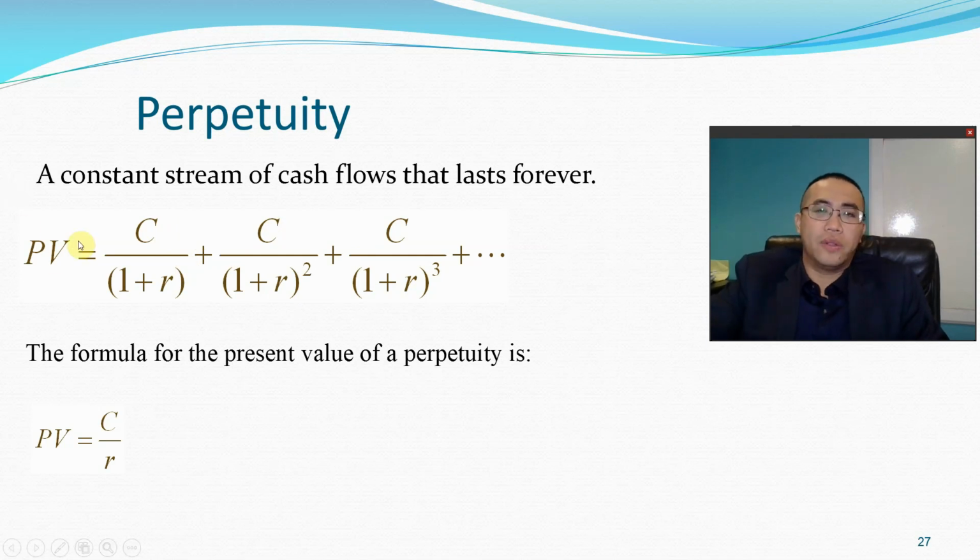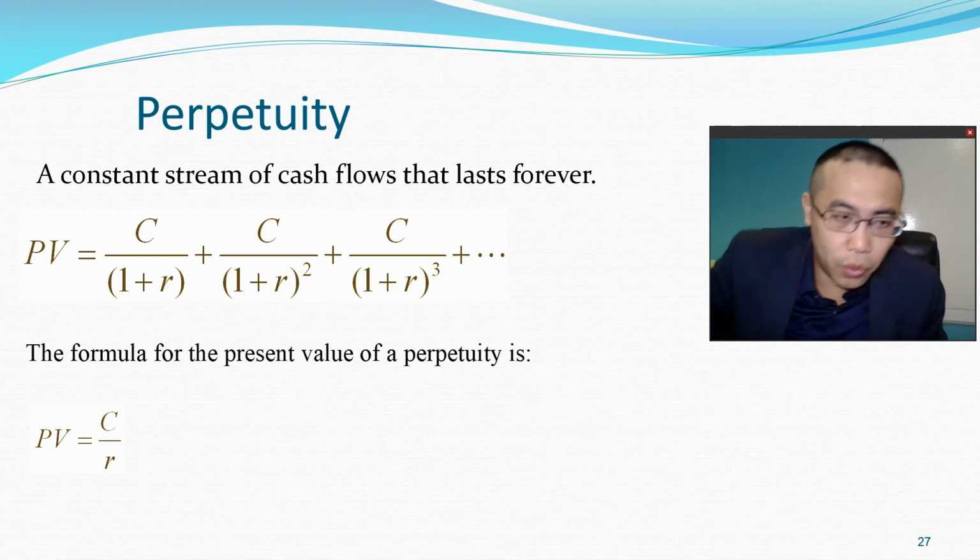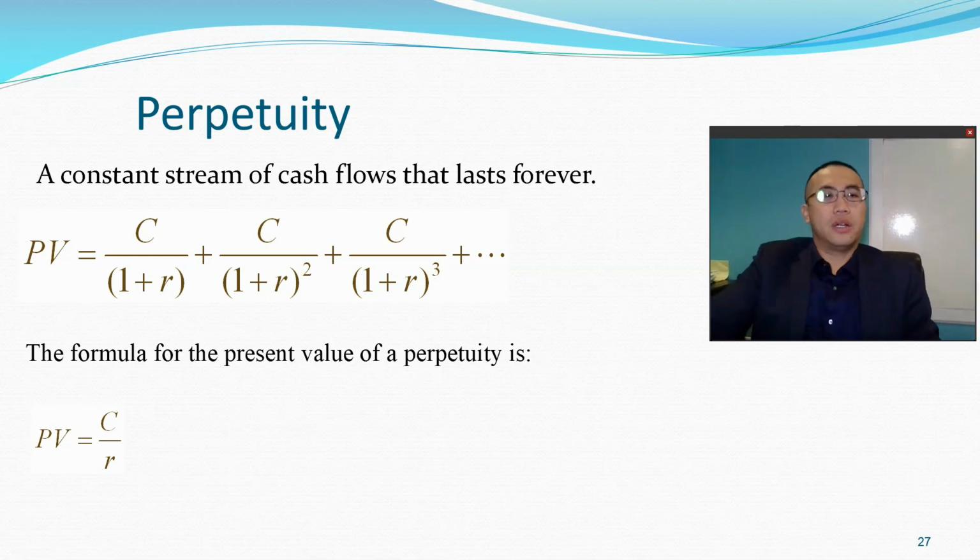If you want to know the value of the stream of cash flows, it's not really infinite, although you have an infinite number of cash flows, the total value of these cash flows would be limited.